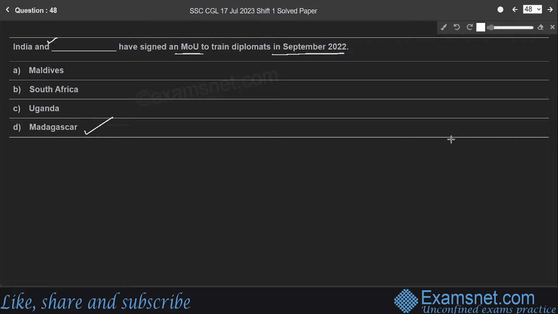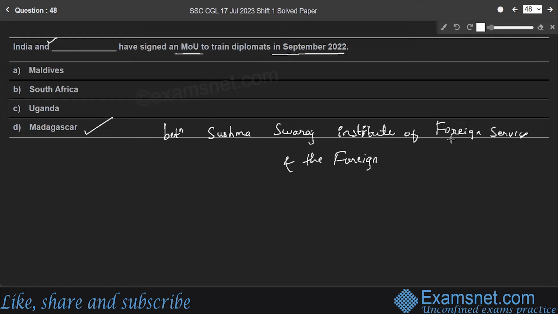The MOU was signed between the Sushma Swaraj Institute of Foreign Service and the Foreign Affairs Ministry of Madagascar.